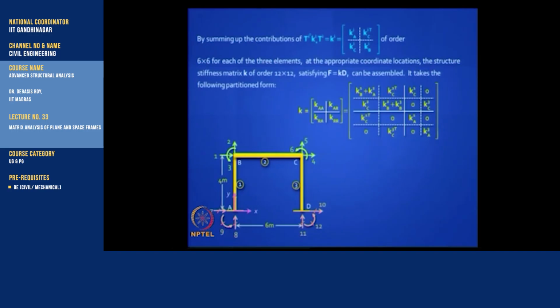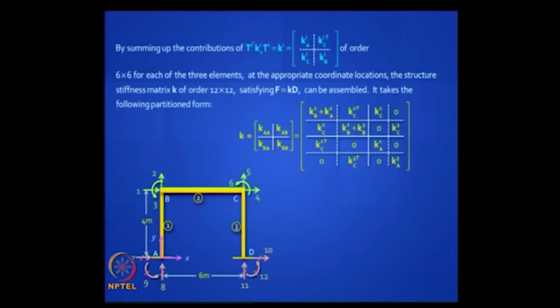You can say it is Ka, Kb, Kc, and Kc transpose on the other side, it is going to be symmetric, right. So I can generate for each element these 3 values Ka, Kb, Kc, and I put a superscript i to identify which element is where, and now I should do my slotting very carefully.